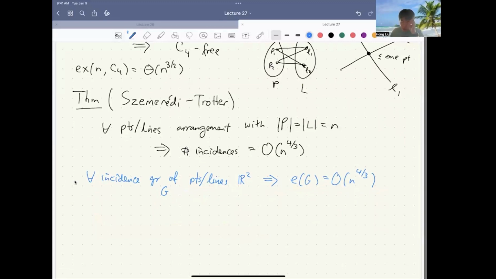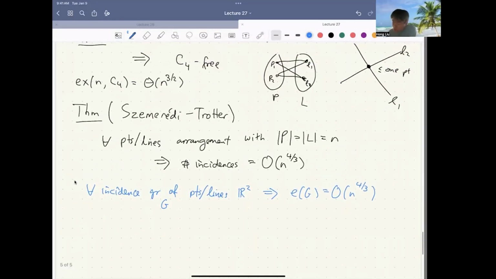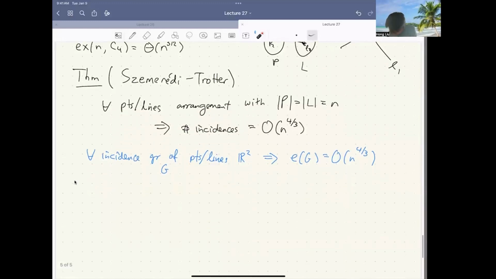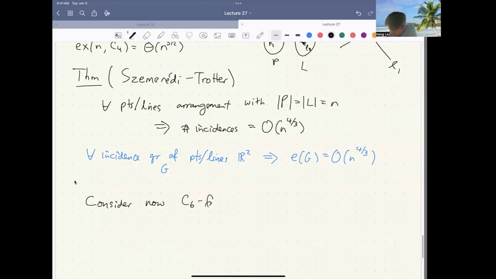I want to talk about a strengthening, an extension of this, assuming that the point-line incidence graph doesn't have C6 in it. Now consider a C6-free point-line incidence graph.